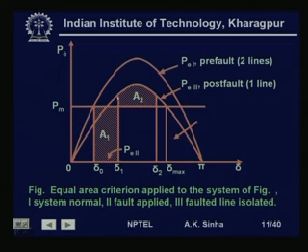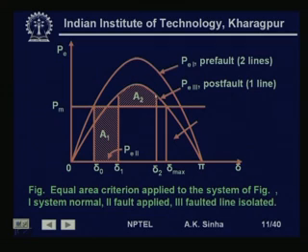Suddenly, it will jump to this point where the electrical power output will be governed by this characteristic. So, at delta 1 it has jumped here, and in this case we have deceleration. The rotor will start decelerating, but since its speed is more than synchronous speed, it will still keep moving.